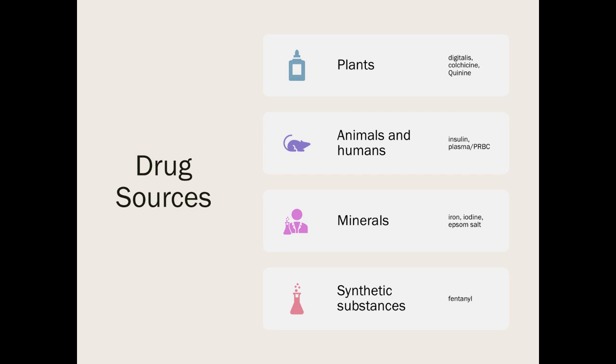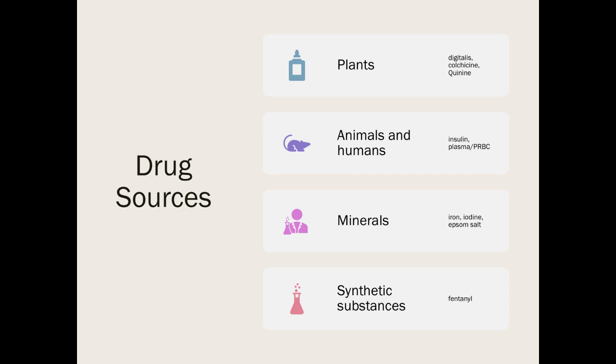Same with minerals, like iron. You take iron supplements. You can take iodine, Epsom salt. I'm sure you've seen that, right? Magnesium sulfate. We have all of these mineral-derived medications that aid and supplement our electrolytes normally in our body. And then there are completely synthetic substances like fentanyl.